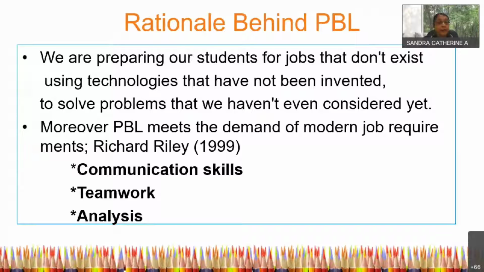There are new technologies that are coming along the way, and there might be problems that they need to solve. So we need to train them based on the real life situation problems that they might face during the work in the future. And based on Richard Riley, problem-based learning also adopts values such as communication skill, teamwork, and analysis.